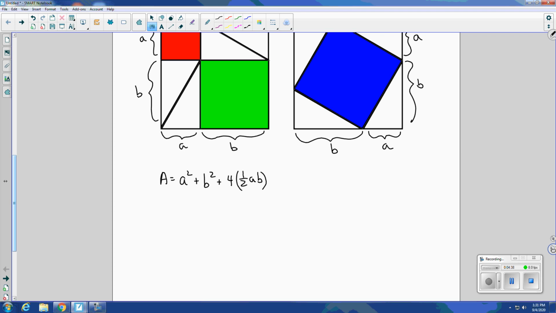If I look over at the other square on the right, an alternative way to calculate its area would be taking the area of the blue square and adding to it the four identical triangles. Now, because this is an alternative way and equally as effective as the first formula we found, we can set those two things equal to each other, because they get us in the same place.